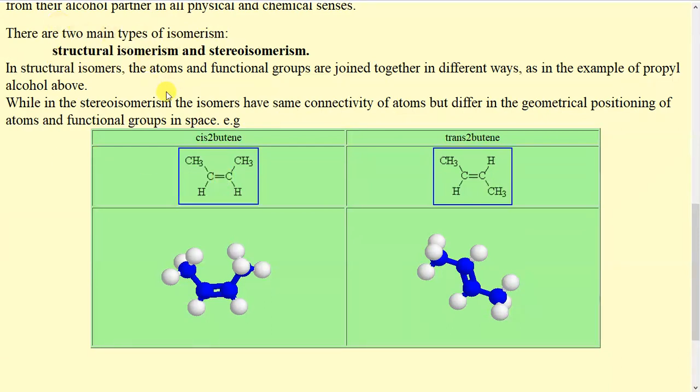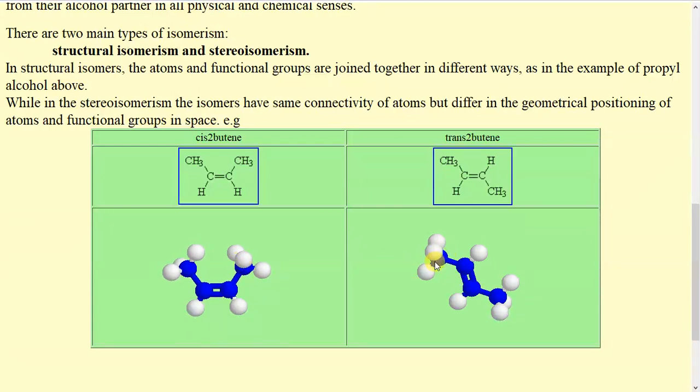For example, here I have shown you the example of 2-butene, in which there are 4 carbon atoms. At carbon number 1, there are 3 hydrogen atoms, quite visible in the 3D model. At carbon number 2, there is a single hydrogen atom, and carbon number 3 also has a single hydrogen atom, and at carbon number 4, there are 3 hydrogen atoms.